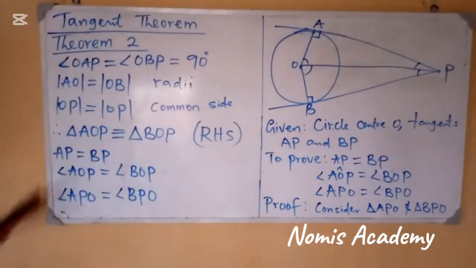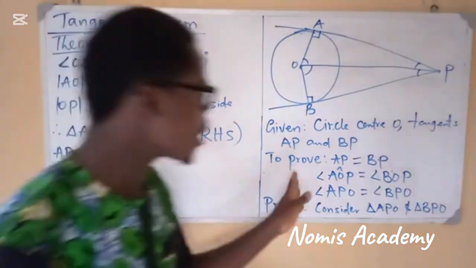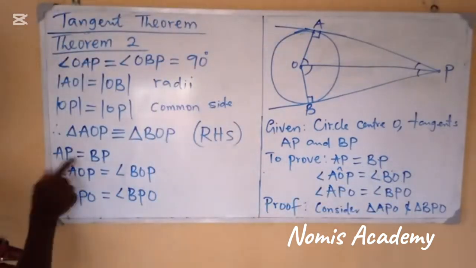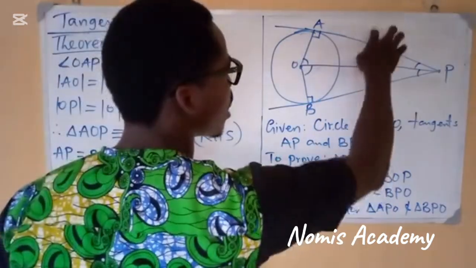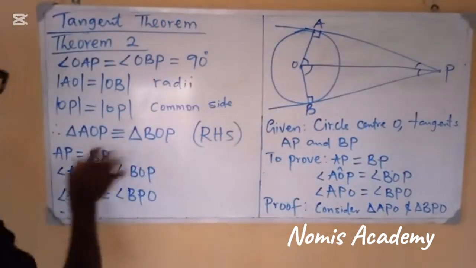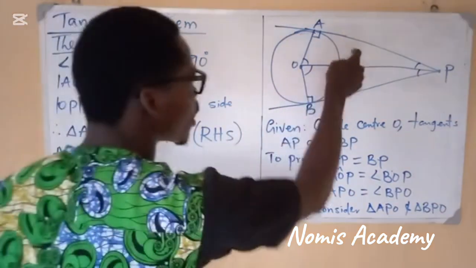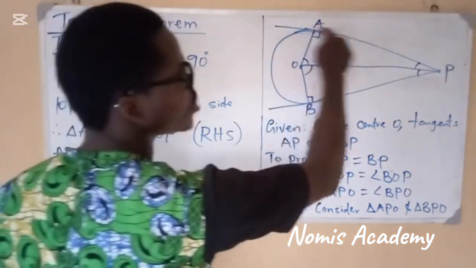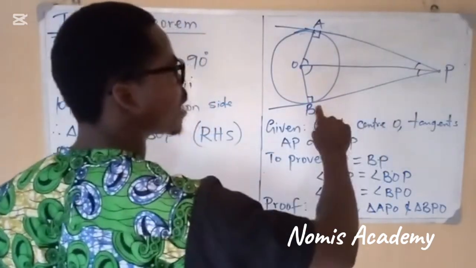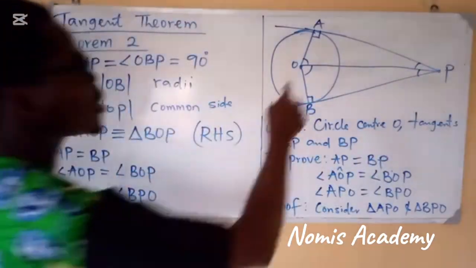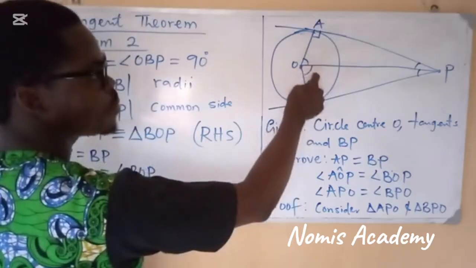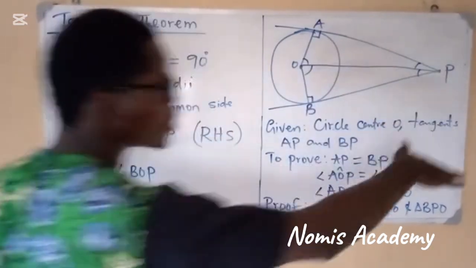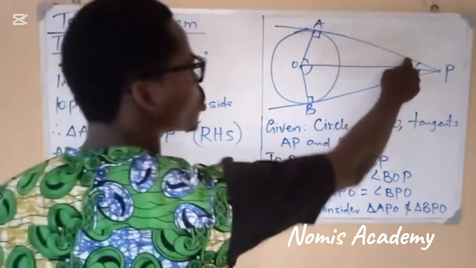Okay, so you can see now that we are able to prove these three statements. Now the two tangents are equal. From our deduction, if these two triangles are congruent, then these two sides, AP and BP, are equal. Then this particular angle at O that is bisected are equal, and angle at P that is bisected are also equal.